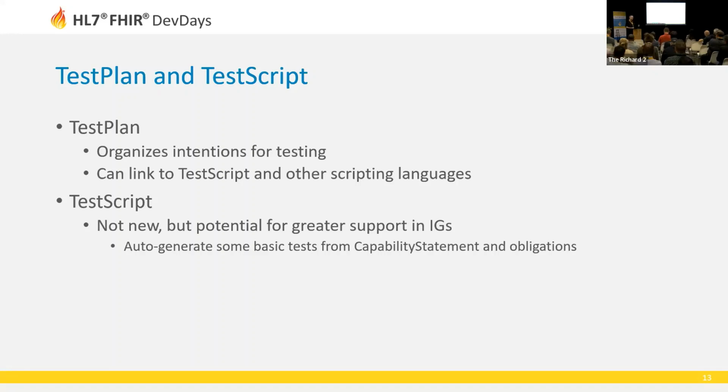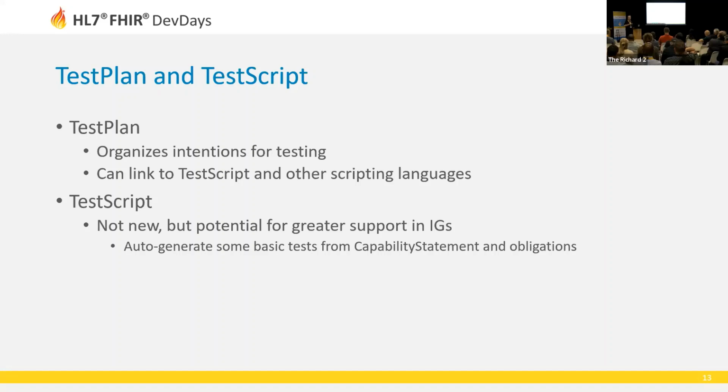The FHIR HL7 IG publisher now has the ability to include a tab in your implementation guides that talks about what testing capabilities you've got, test plans and/or test scripts. And so you've got cross-references between your profiles and other resources and the things that test them.